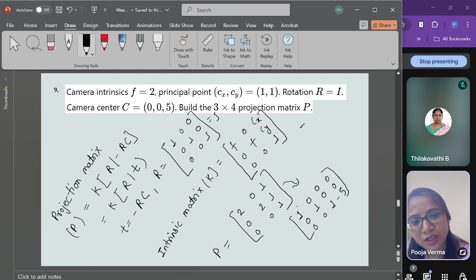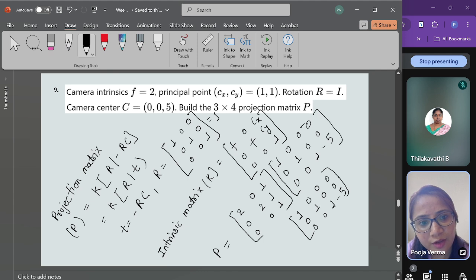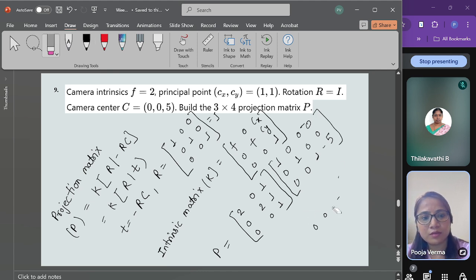So we just need to multiply these two matrices, row into column. Let me write it here, otherwise it will be very confusing. So 1 0 0, 0 1 0, 0 0 1, and 0 0 minus 5. Can you calculate it and let me know the values of the projection matrix P? P is equal to K R given T.